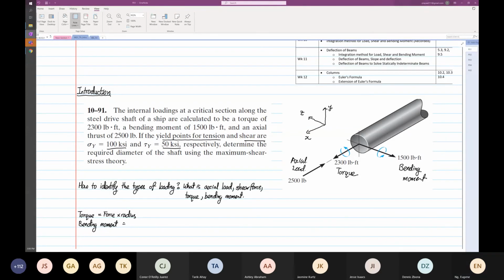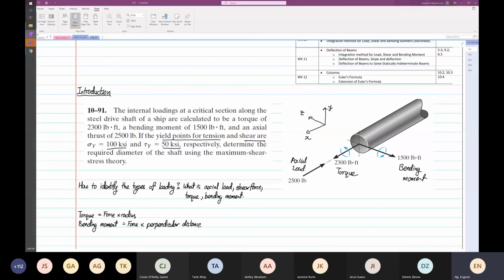Is it not force times length, perhaps? Force times perpendicular distance, not any other distance.